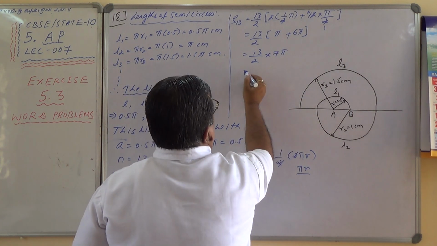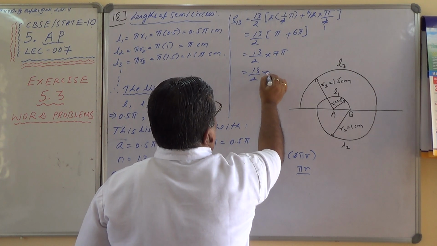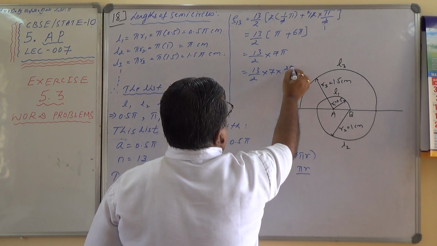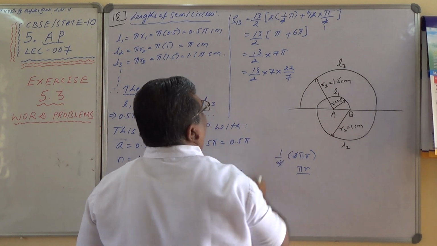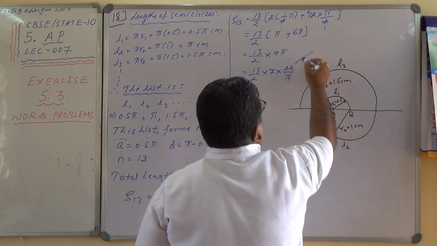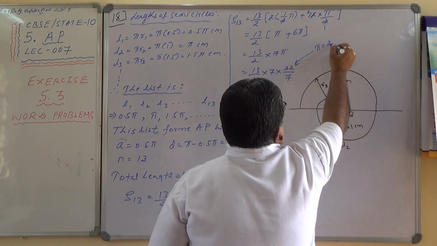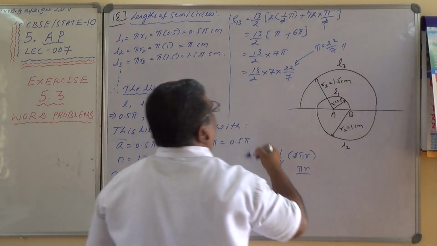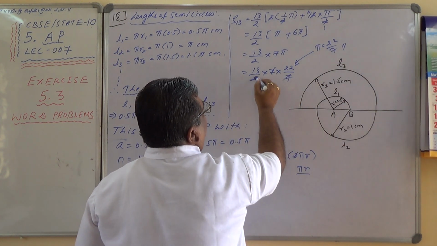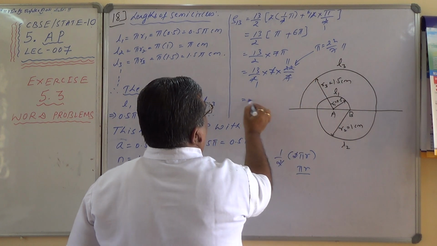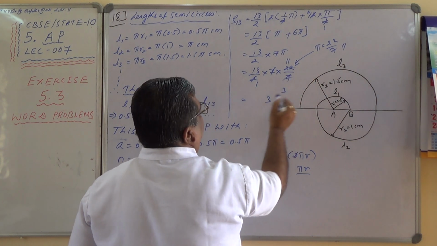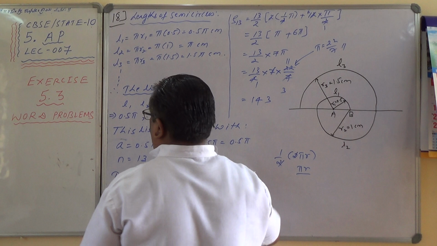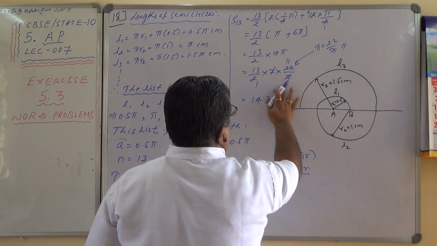Is that it? Which equals 13 by 2 into 7 into 22 by 7, because the value of pi asked is 22 by 7. So 7 cancels, 2 ones are 2, 11 13s are 143 centimeter.